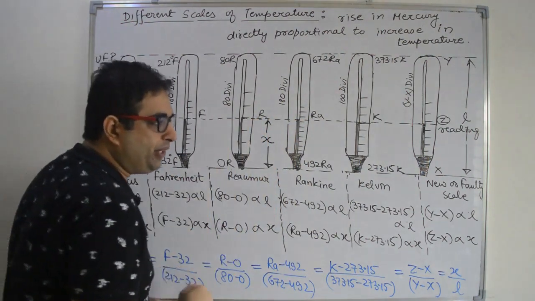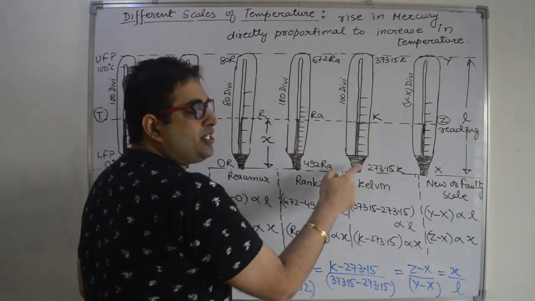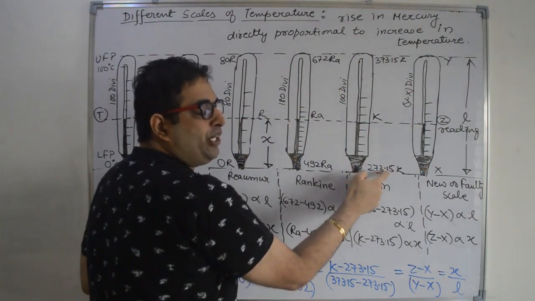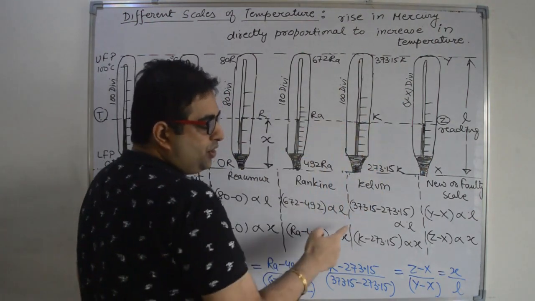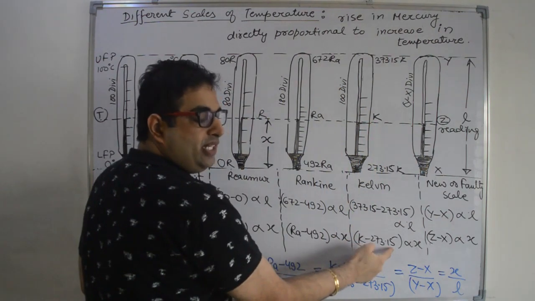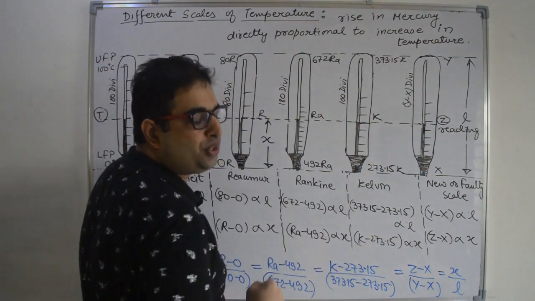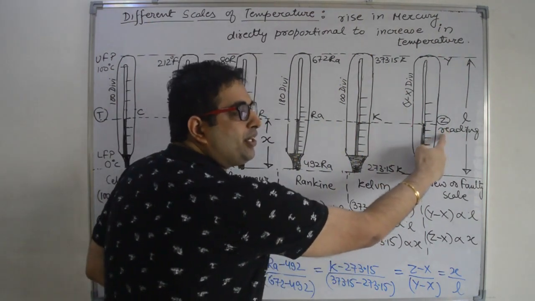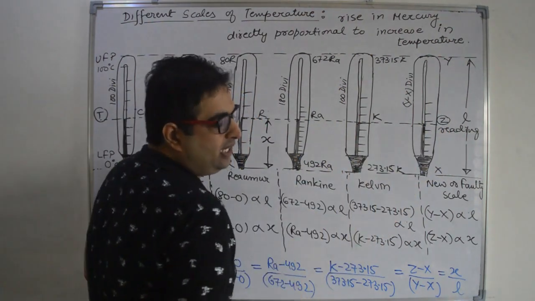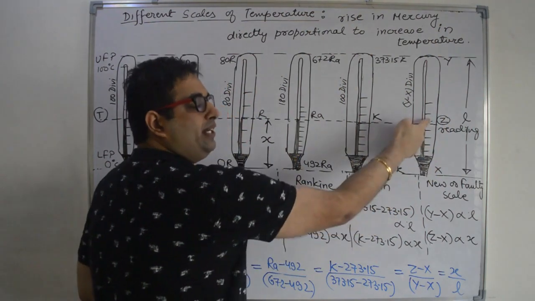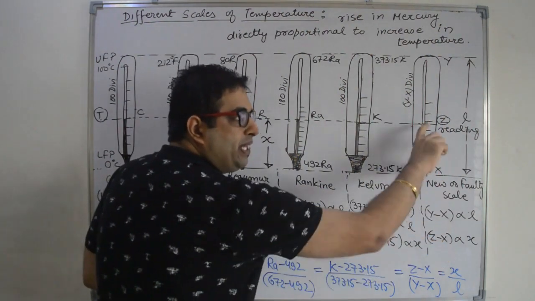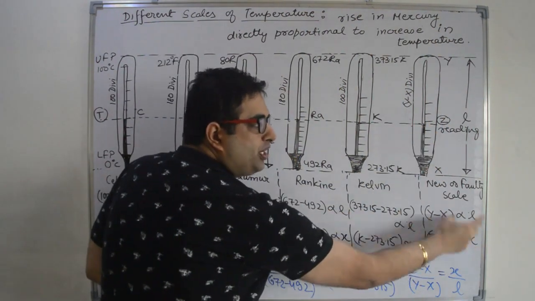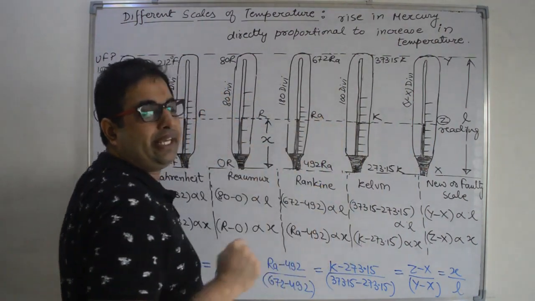For the Kelvin scale, it is from 273.15 to K, so K minus 273.15 is proportional to x. Similarly, for the new or faulty scale, it is from X to Z, so Z minus X is proportional to the height of the mercury x.